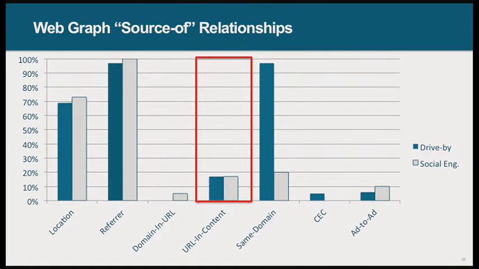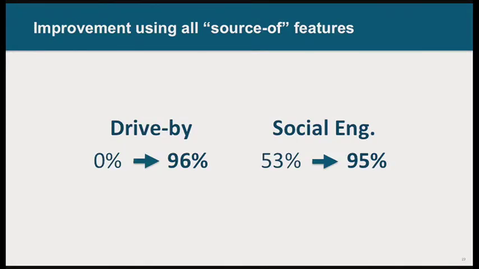There's no single feature on here that dominates and helps us pick up the slack for the location and referer. It's the combination of all of these features that allow us to go from being able to trace back 0% of the drive-by downloads to tracing back 96%, and from being able to trace back about 50% of social engineering to 95%.